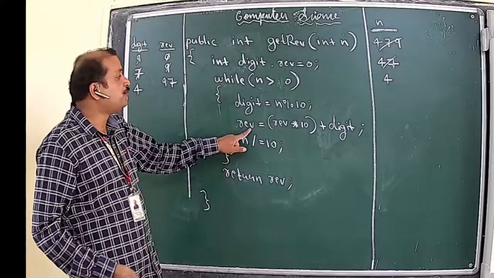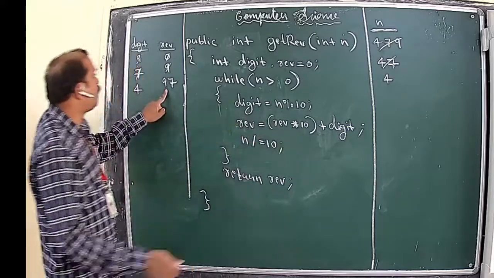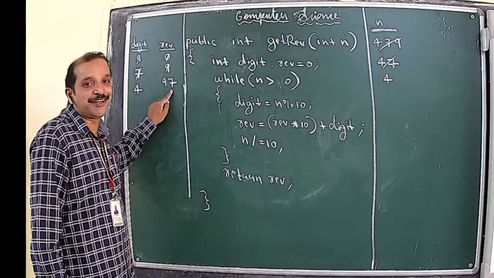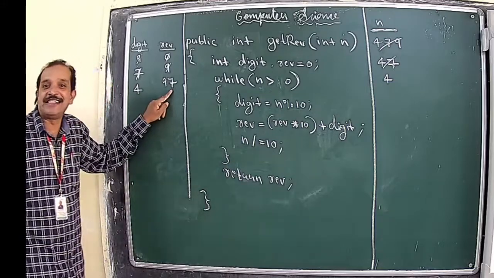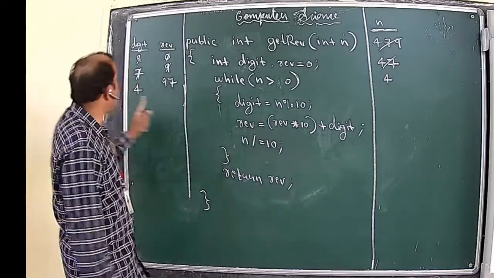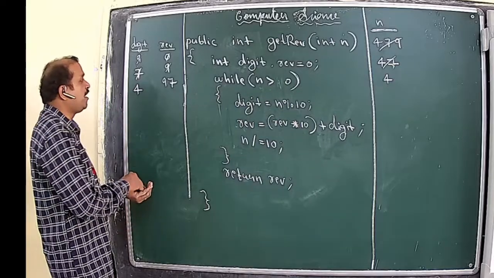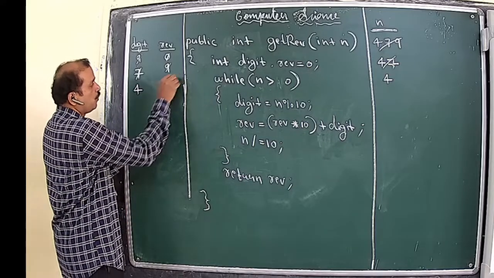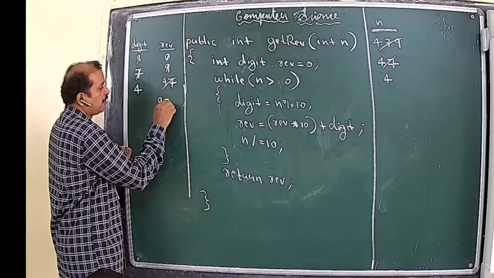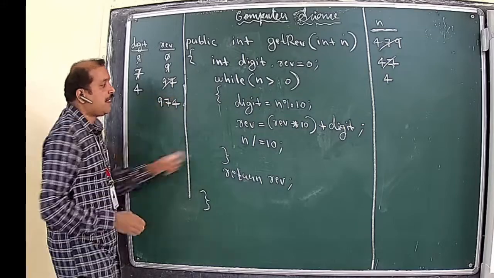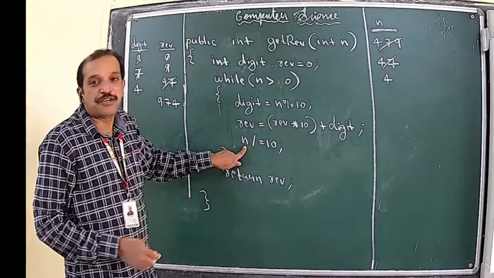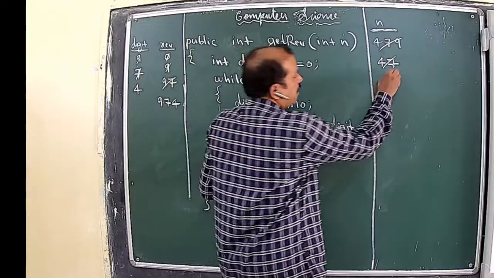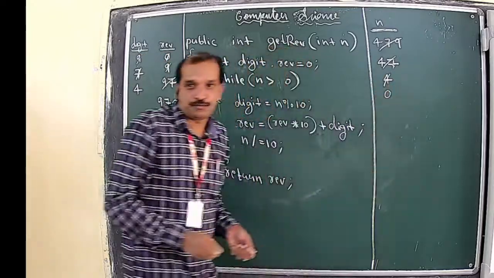After that, reverse equal to reverse into 10. 97 into 10, that is 970, plus digit 4. So therefore 970 plus 4, that is 974. After which again the value of n will be divided by 10, and it is going to be 0.